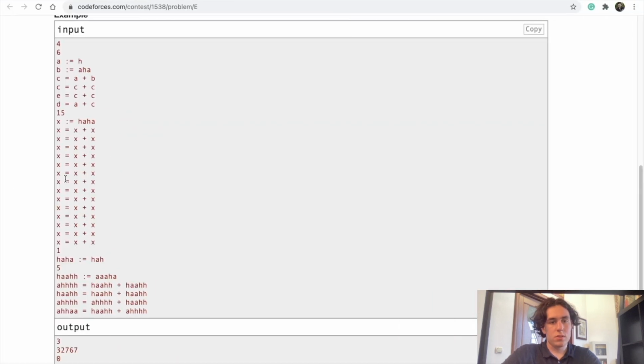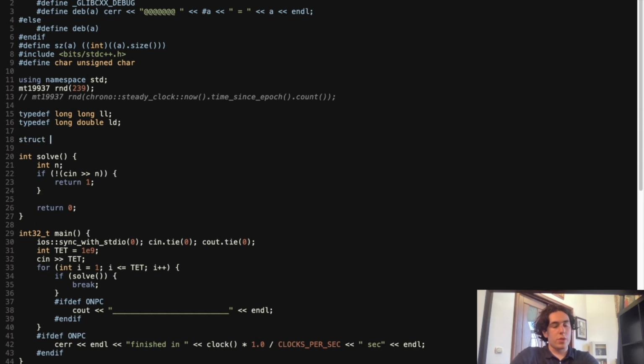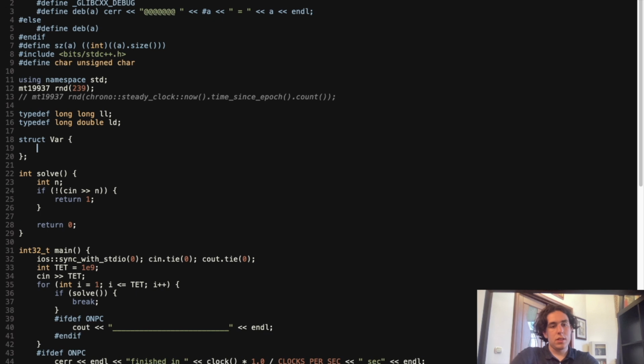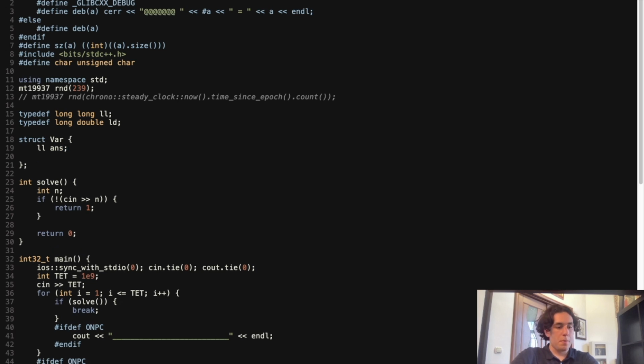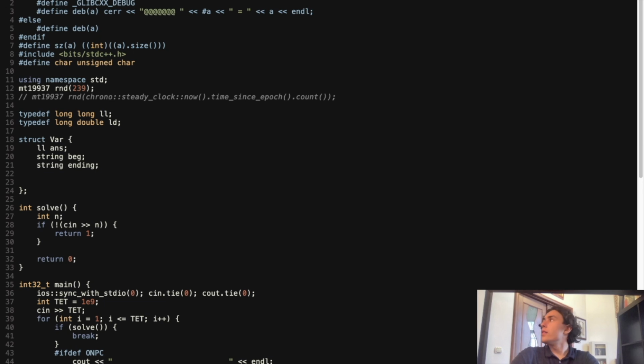So let's make a structure variable that consists of answer, beginning, ending, and what can we do?